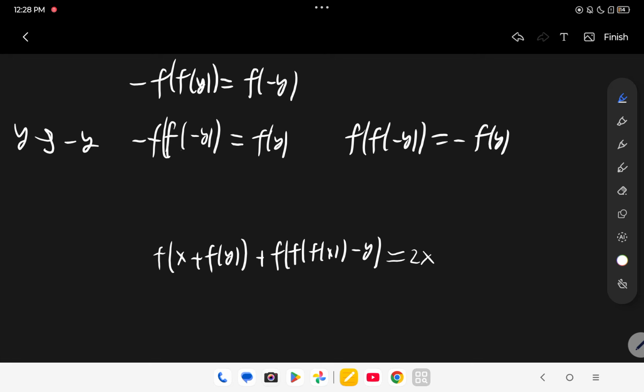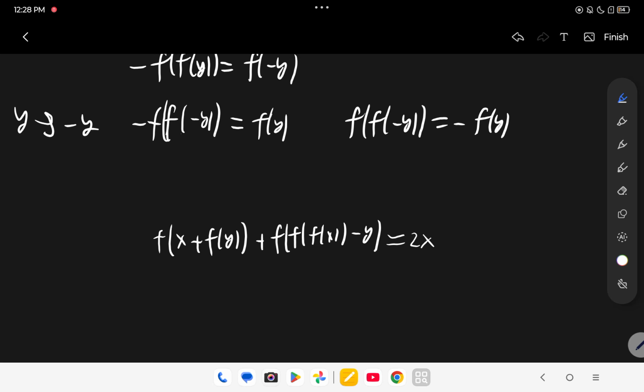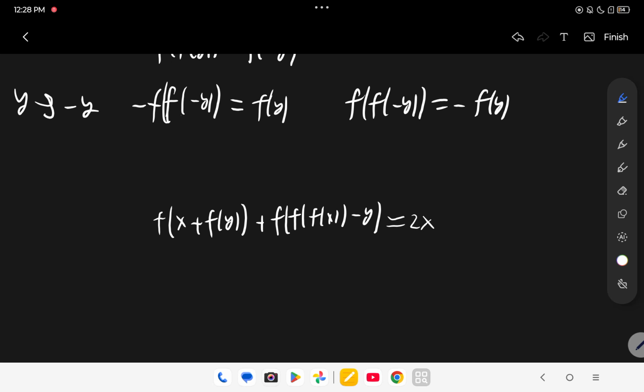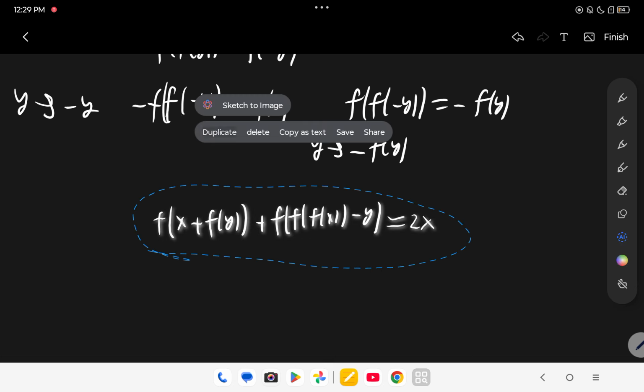So let's replace this new y with minus f(y) again, and actually move this down.